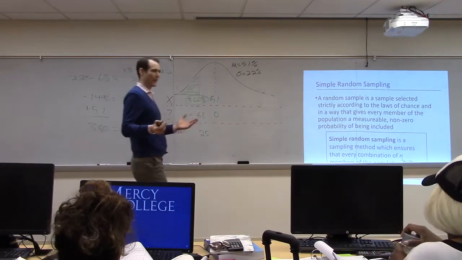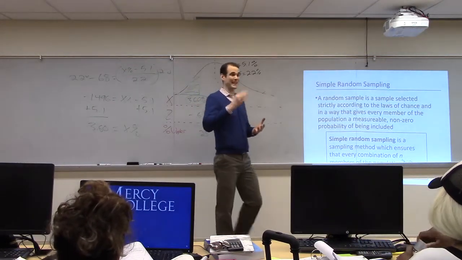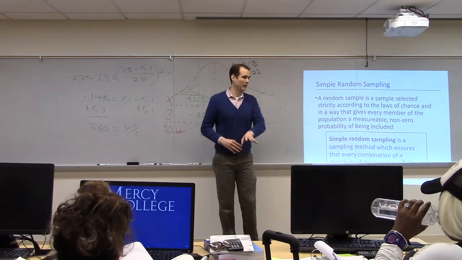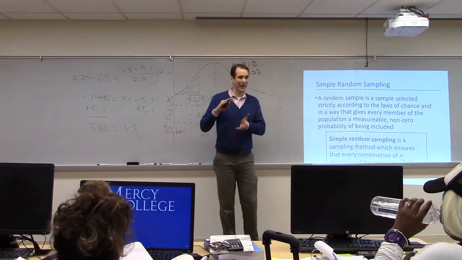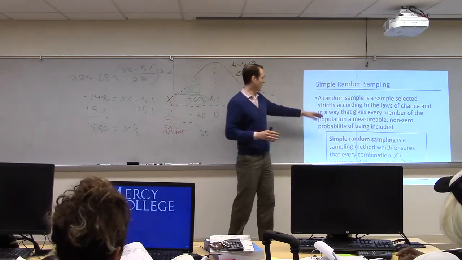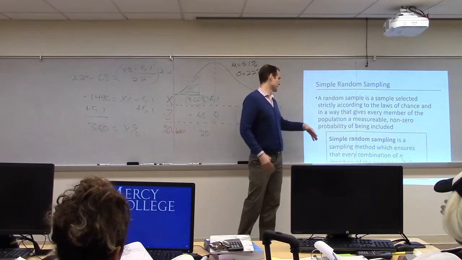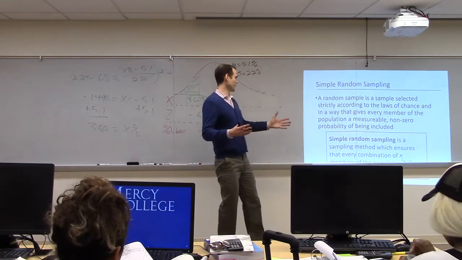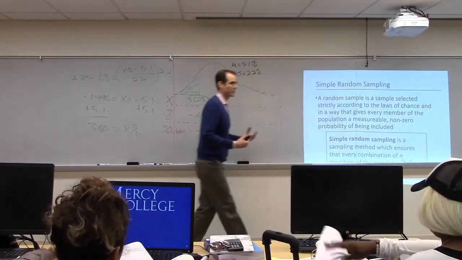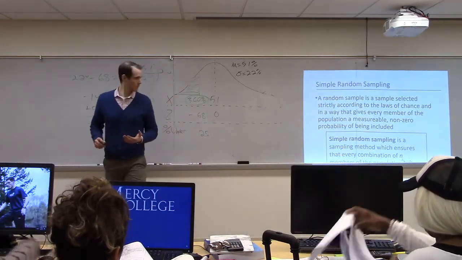Ideally, you might have every single member of your population listed in, say, an Excel spreadsheet, and you could assign them all a random number and select the top 200 random numbers, and those would be the people in your sample. Simple random sample simply means every combination of n members, where little n is the sample size, has equal opportunity of being in your sample.